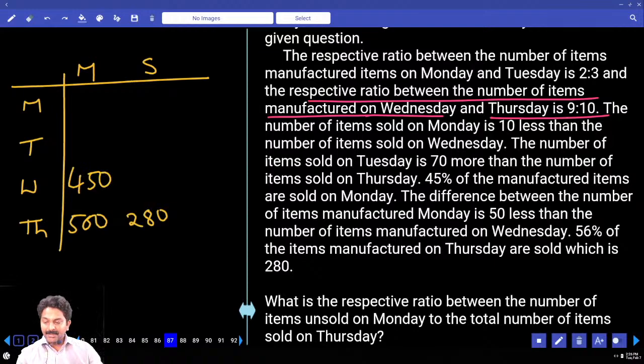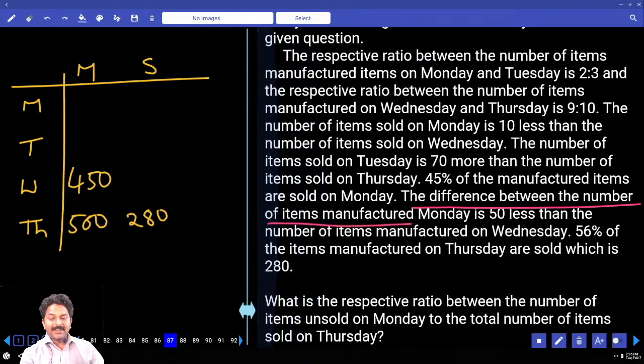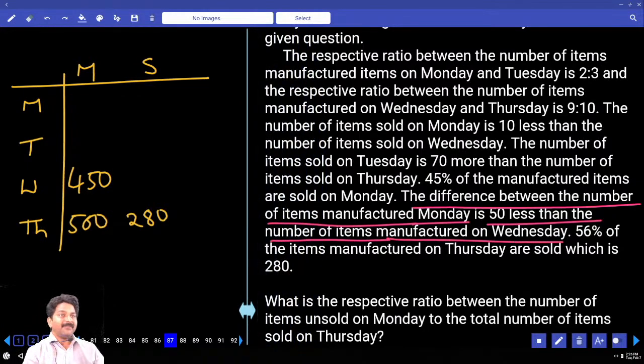Clear? Next. Now we have manufactured items on Wednesday. Is there any other data that we can conclude? Yes. The number of items manufactured on Monday is 50 less than on Wednesday.